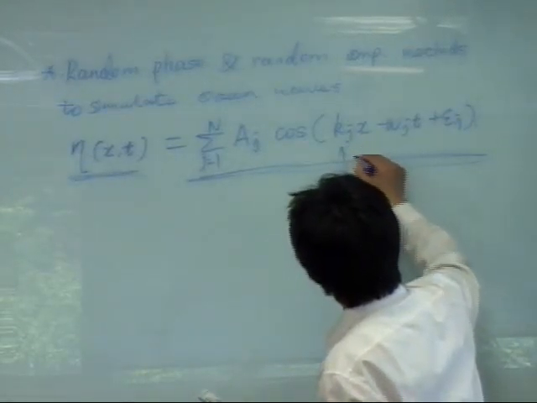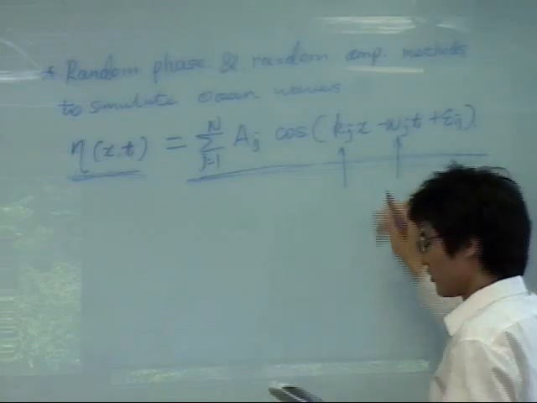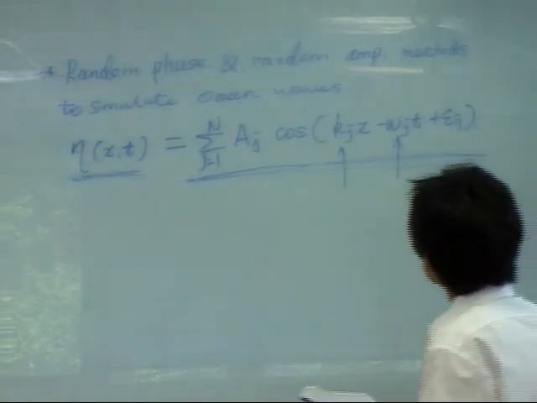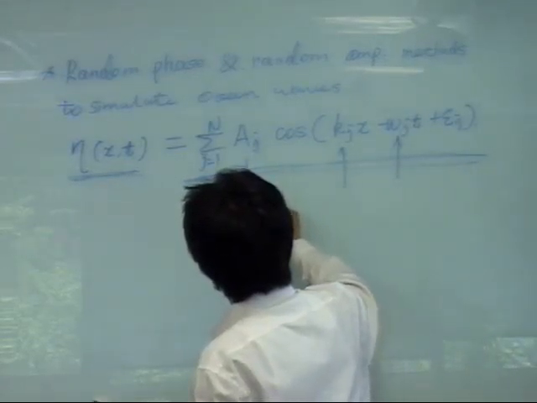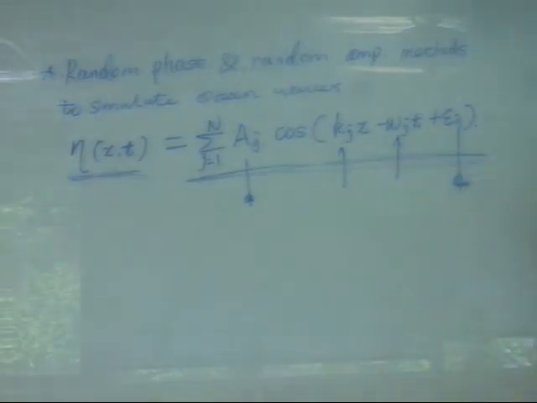K is the wave number, omega the wave frequency, and those follow the dispersion relation. And the unknowns in this formula are the amplitude and the phase. These two are the unknowns.